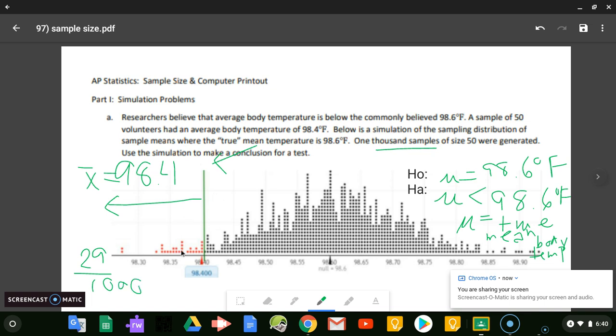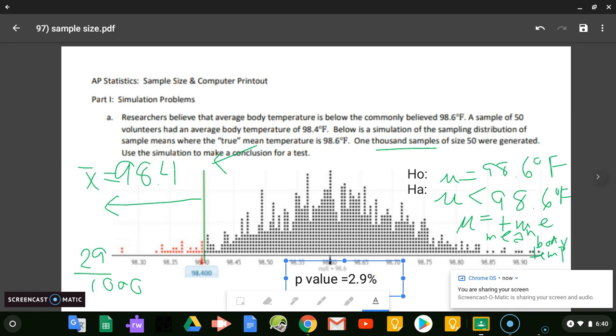That is really what a p-value is. Given the null is true, which is what we assumed, and then we ran the simulation, how often do we get something equal to our sample or less? So our p-value is equal to 2.9%.